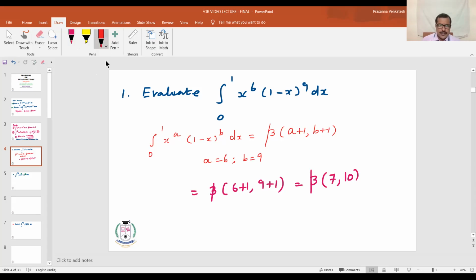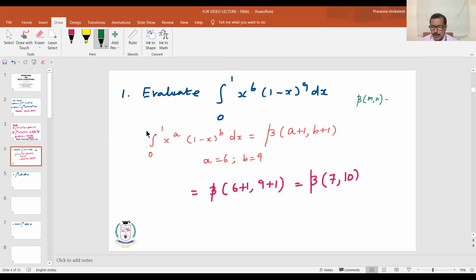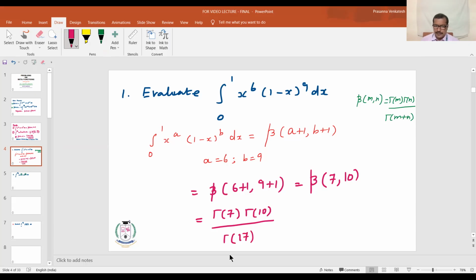Now how to evaluate beta of m comma n? Again we have a result. Beta of m comma n is equal to gamma of m, gamma of n whole divided by gamma of m plus n. So using this result, we can write this as gamma of 7 into gamma of 10 divided by gamma of 17. 7 plus 10 is 17.